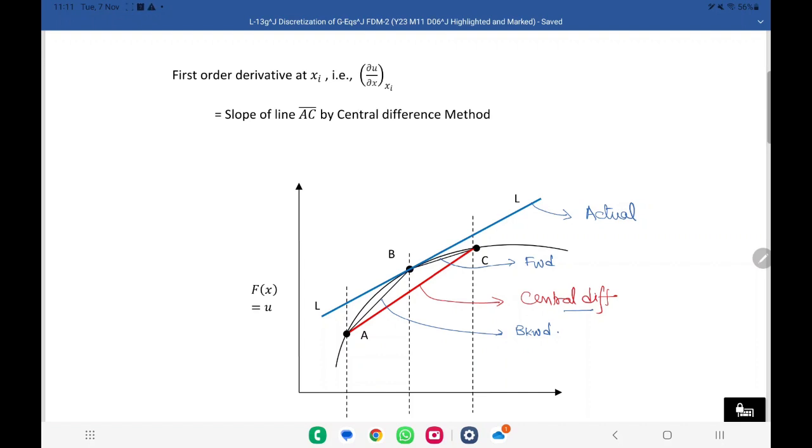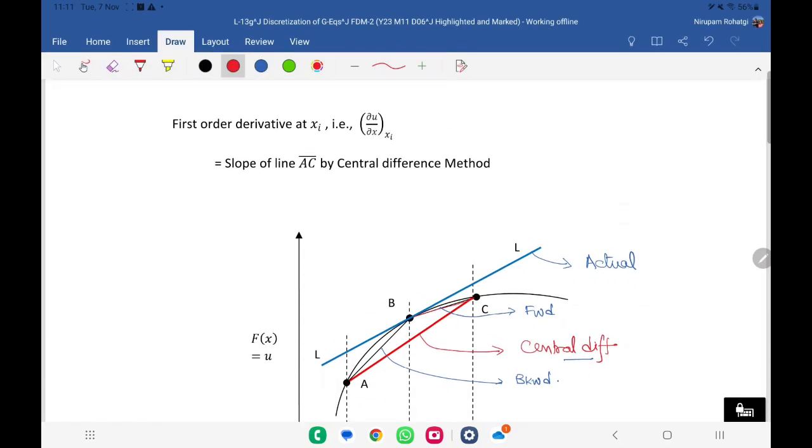a forward difference which was represented by this line. Okay, so the derivative at this point is del y by del x or del u by del x.